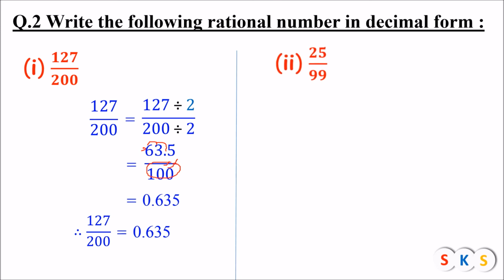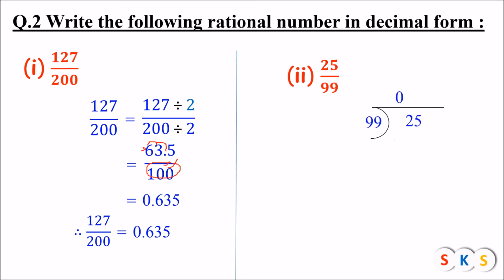Here we have the next question, 25 upon 99. It's not easy to convert 99 into tens, hundreds or thousands. So in this case we will divide 25 directly by 99. 99 zeros is 0. So 25 minus 0 will be 25. Now there is no digit in the dividend, right?